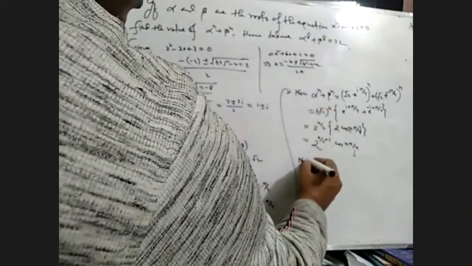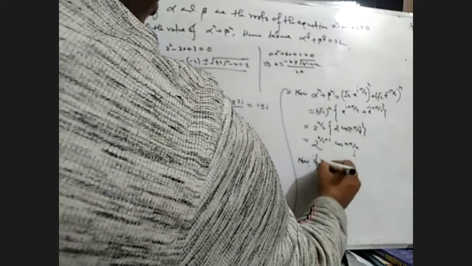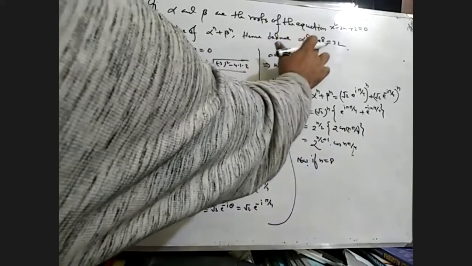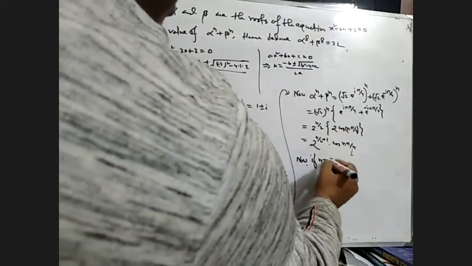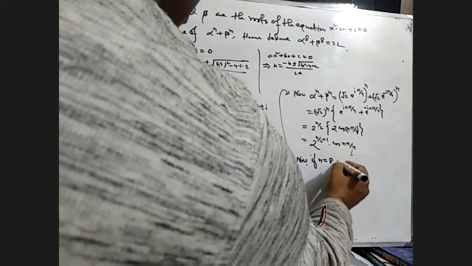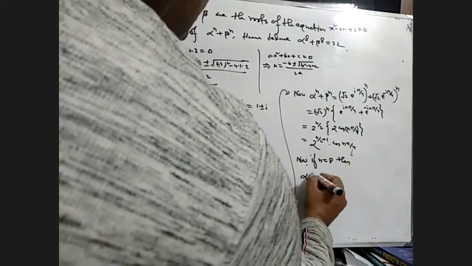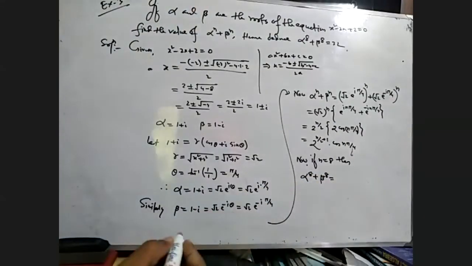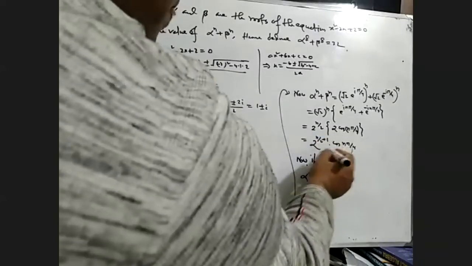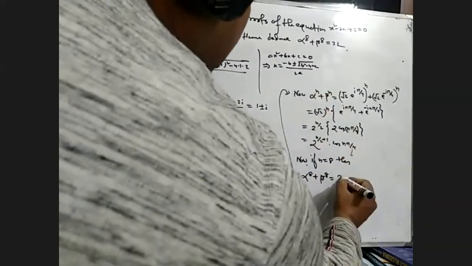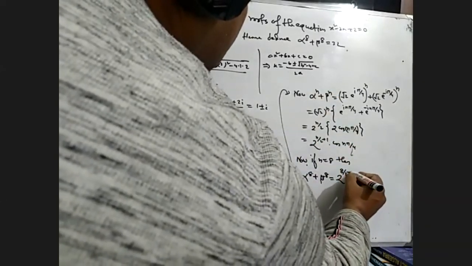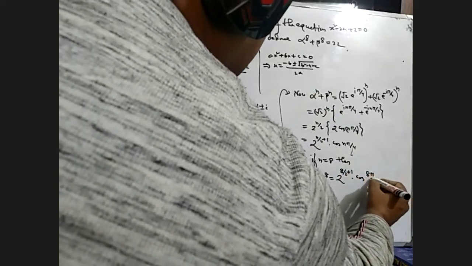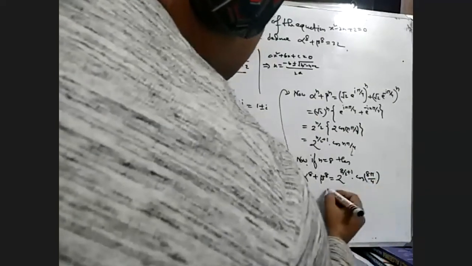Now if n equals to 8, we get alpha to the power 8 plus beta to the power 8. Just putting n equals to 8 here, 2 to the power 8 by 2 plus 1, cos 8 pi by 4.